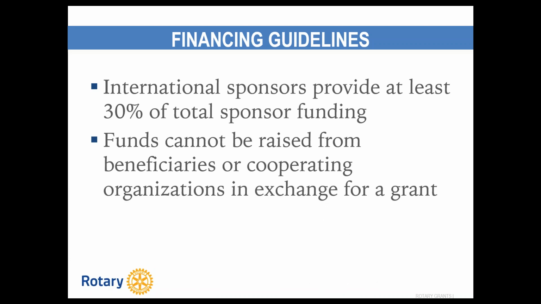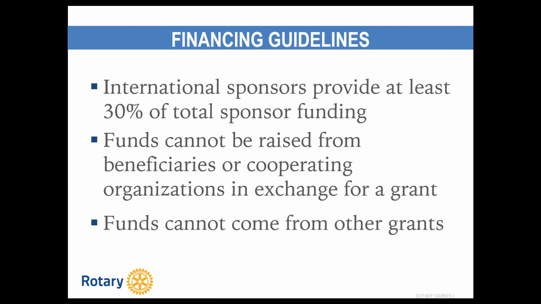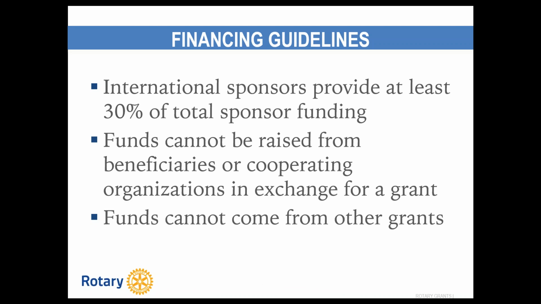Funds cannot be raised from beneficiaries or cooperating organizations in exchange for a grant. Funds cannot come from other grants. Cash contributions should always be credited to the individuals who gave the funds. Rotarians cannot collect funds from individuals and claim the donation as their own unless they have received explicit permission from the donors to do so.